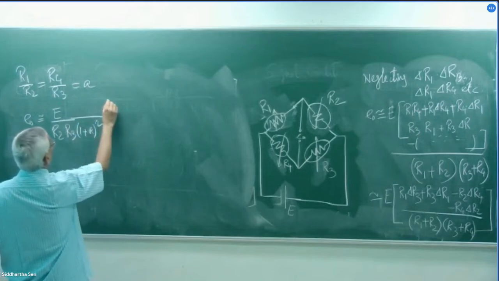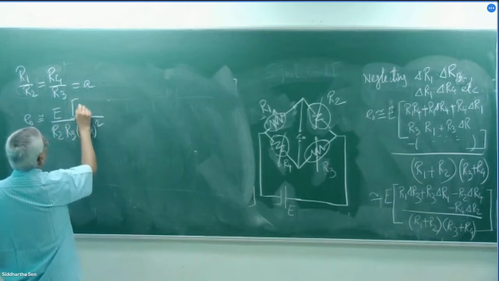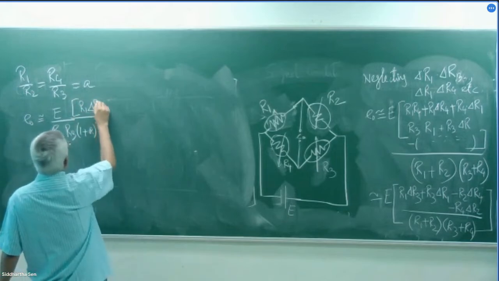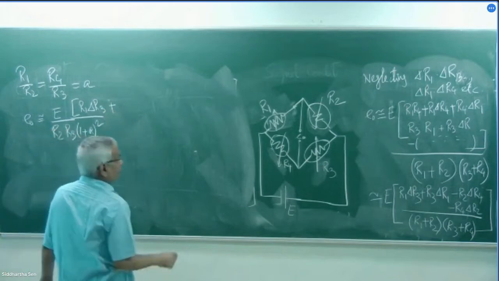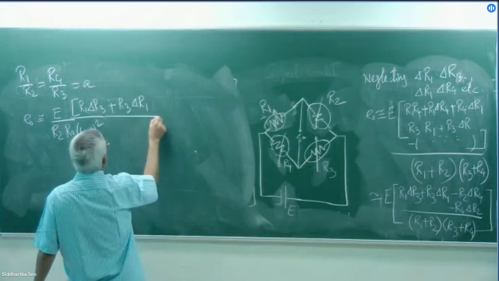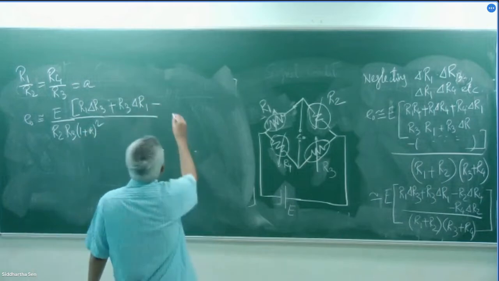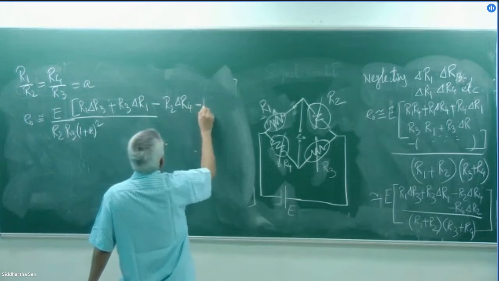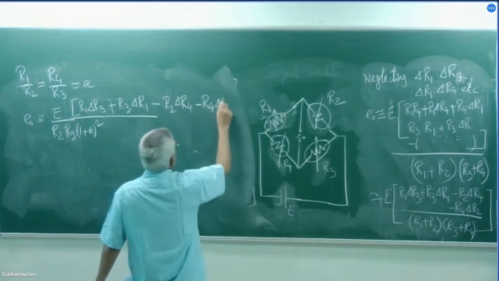And into, obviously, R1 delta R3 plus R3 delta R1 minus R2 delta R4 minus R4 delta R2.